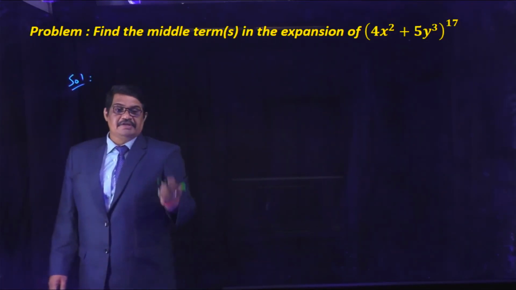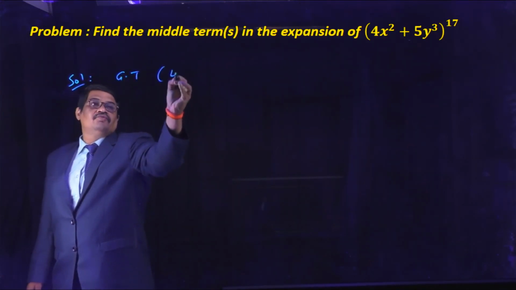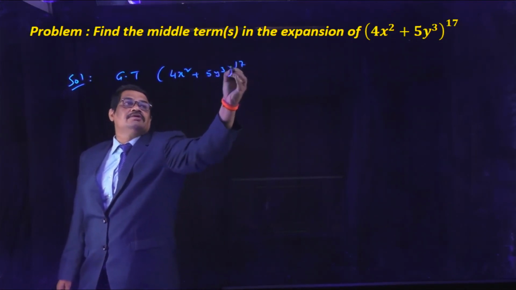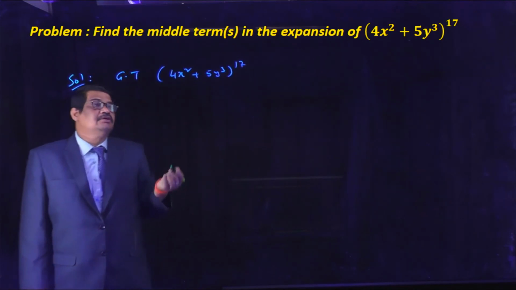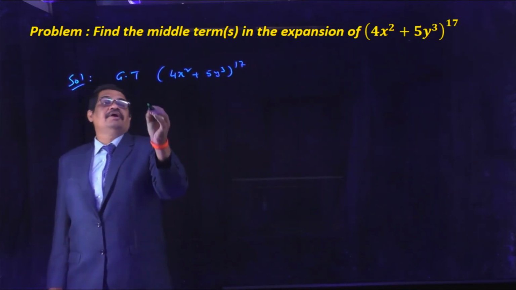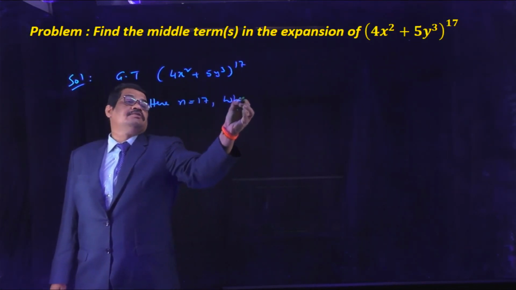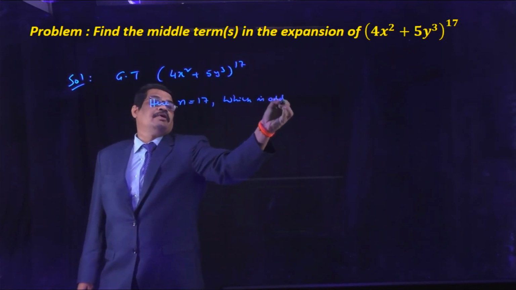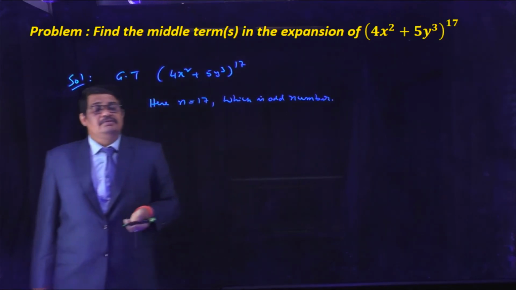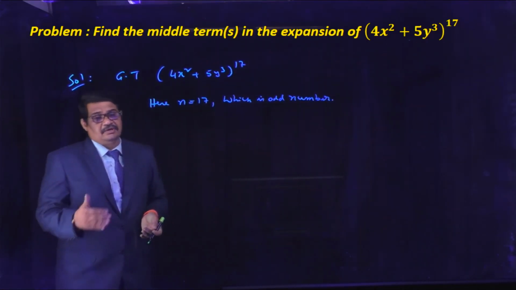The given expression is (4x² + 5y³) to the power of 17. Here n is 17, which is an odd number. If the index is odd, then what are the middle terms in that expansion?